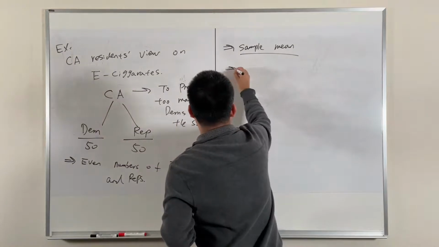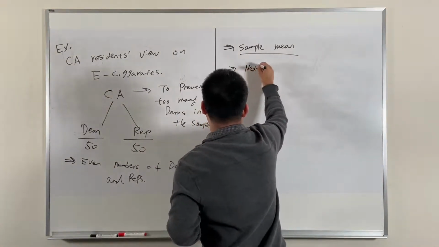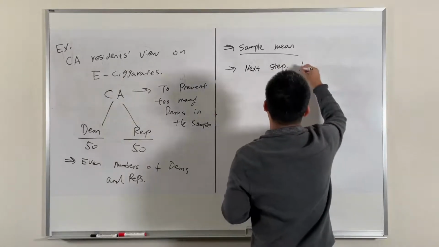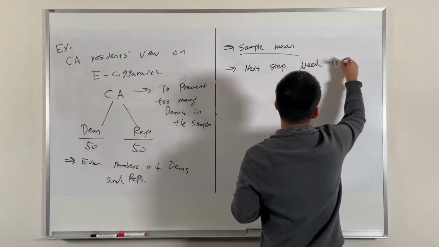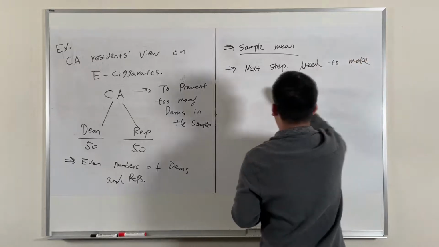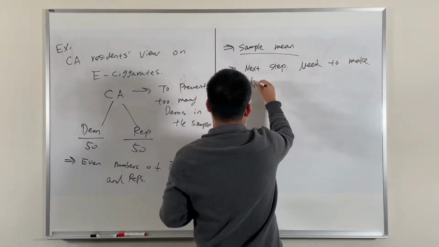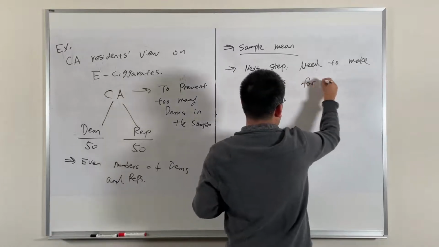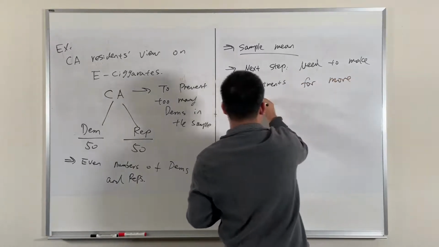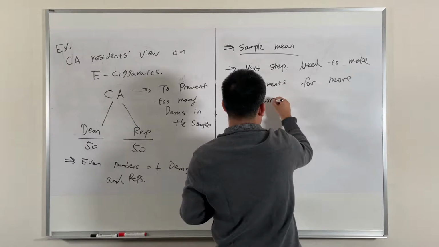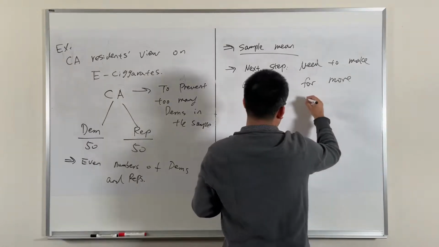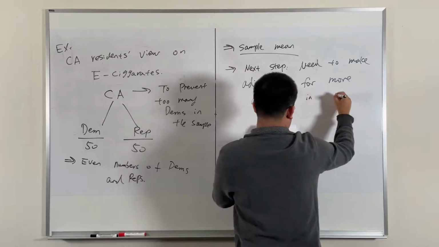So the next step, the final step, is we need to make adjustments for more Democrats in California.